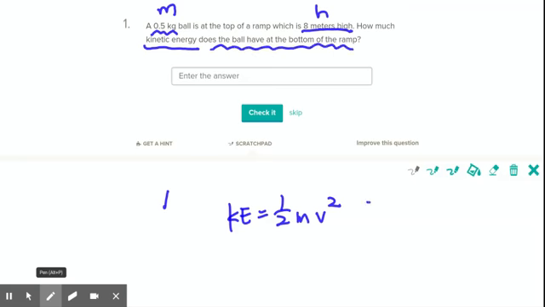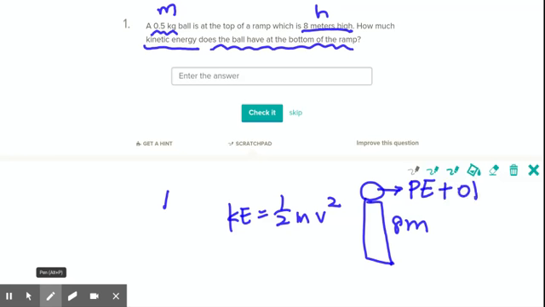If you look at the picture here, this is the height, which is 8 meters, right? If you have a ball on top of here at rest, this ball has only potential energy, but no kinetic energy, okay? 0 kinetic energy.